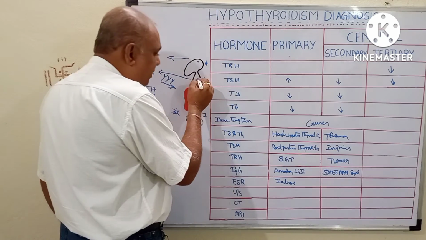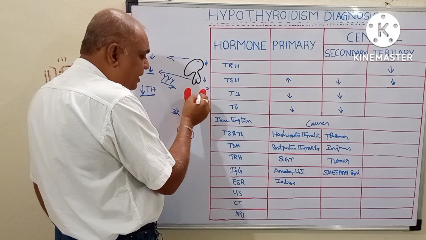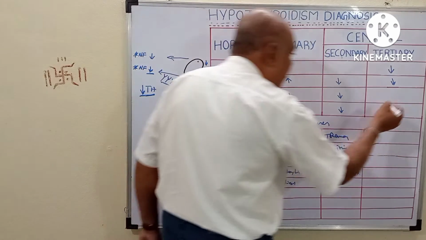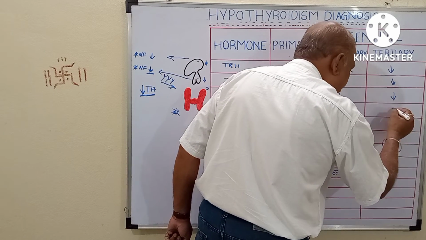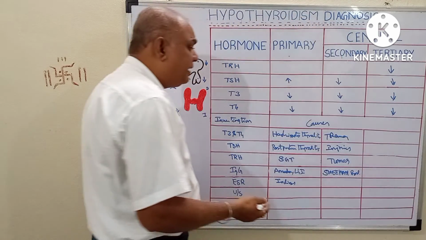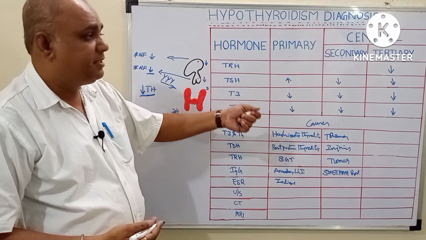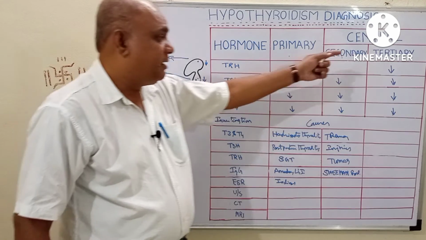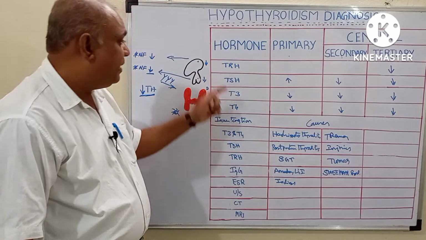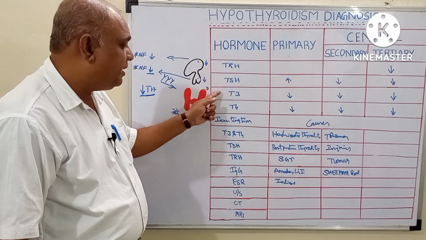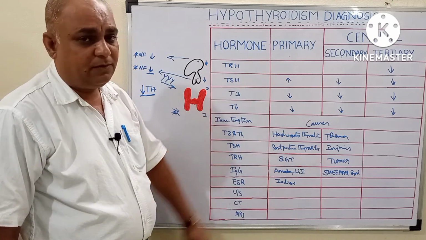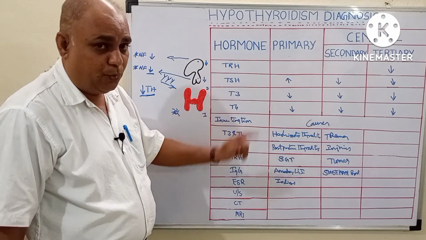When TSH secretion is reduced, T3 and T4 levels will also be reduced. That is why in lab investigations in tertiary hypothyroidism, TRH, TSH, T3 and T4 levels are recorded low.